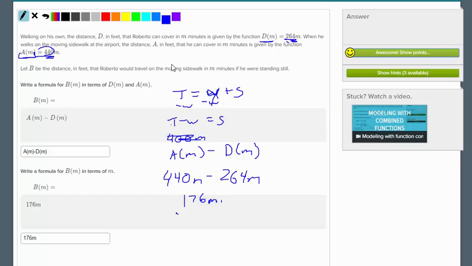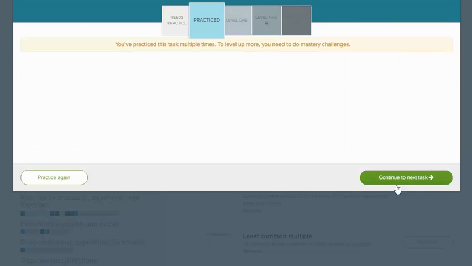This whole section that we've been doing, these I think 5 problems: put in the function name first, figure out if I add, subtract, multiply, or divide them. After I do that, replace A of m with 440. So replace the first one with what it equals, replace the second one with what it equals. Simplify it if you can, get an answer. All right, good luck. Let me know if you have trouble with these. Woohoo!